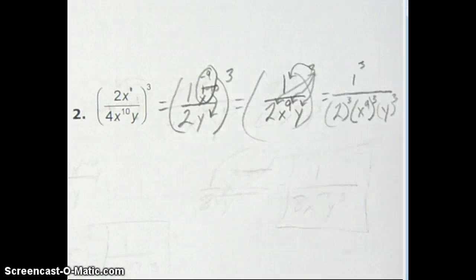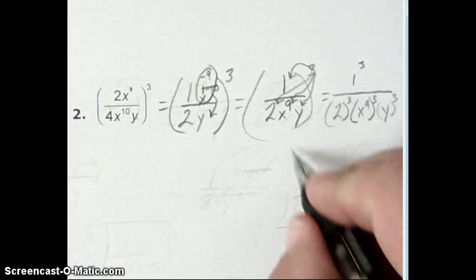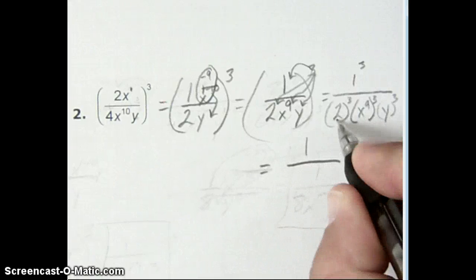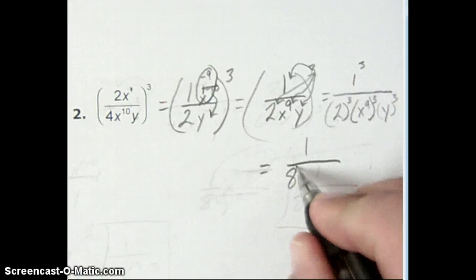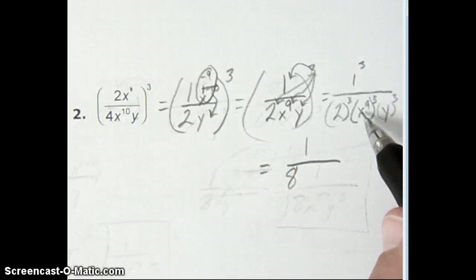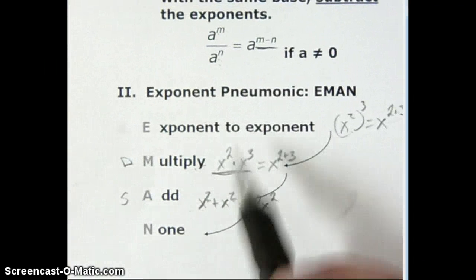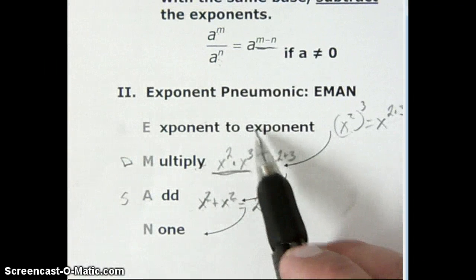Now once you realize that, we can go ahead and perform those exponent operations. 1 to the 3rd power is just 1. 2 to the 3rd power is 8. X to the 9th power raised to the 3rd power, we're going to end up multiplying these exponents because this is exponent to exponent rule. Remember, E-Man says that if you're at exponent to exponent rule, the next letter is multiply.